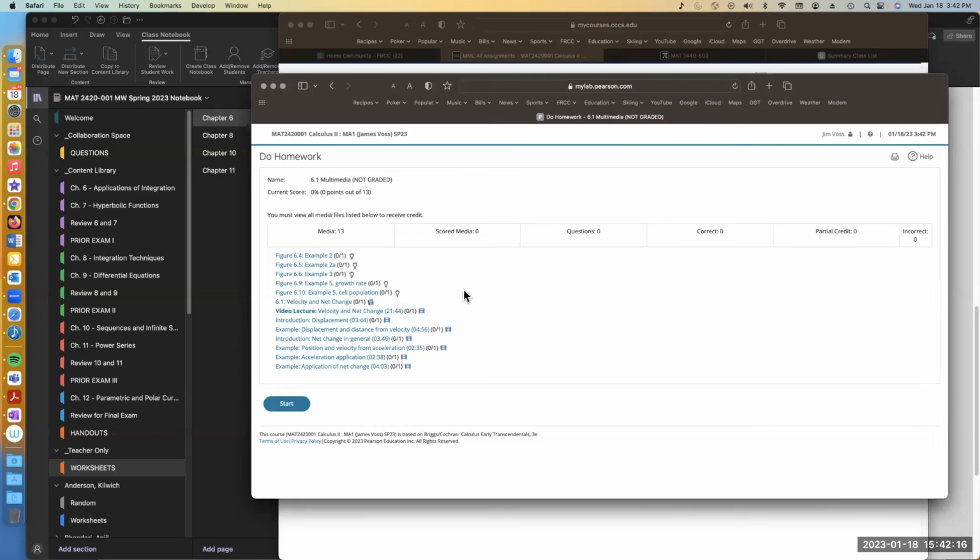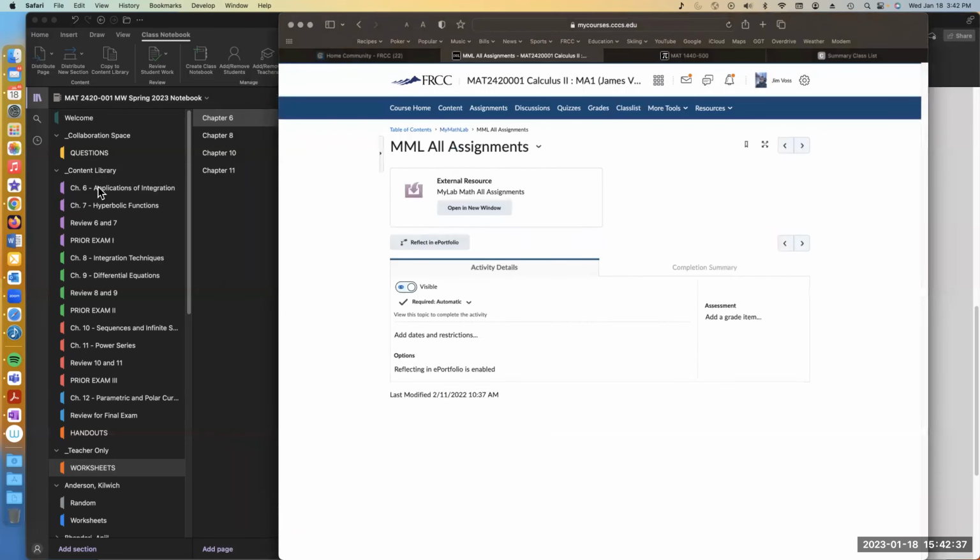Now that actually brings up a point. It depends on who you took Calc 1 from. These things with the little light bulbs are called interactive figures, and you need a plugin to play them. That plugin is called the CDF Player.